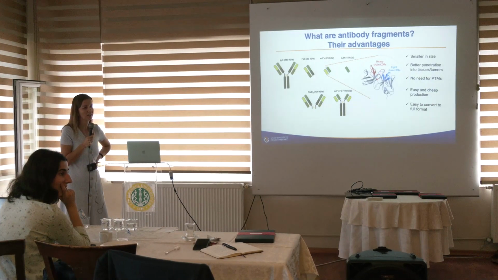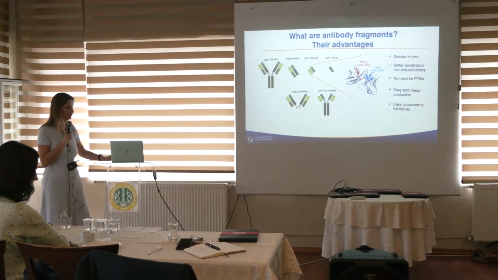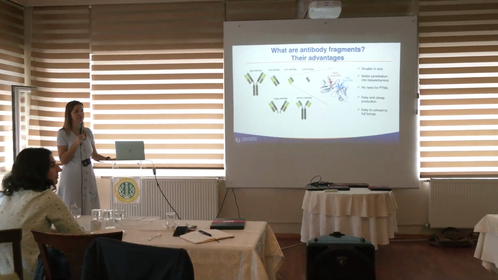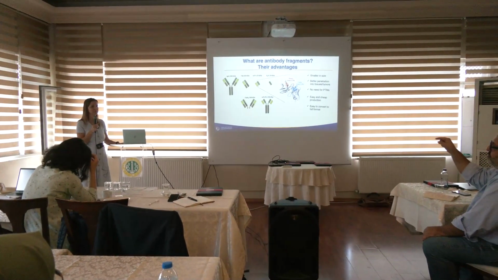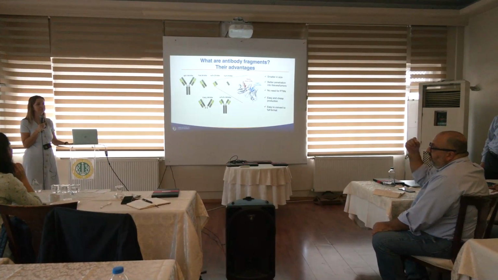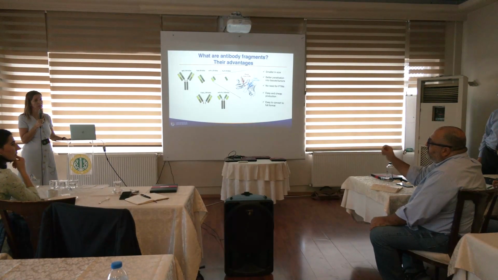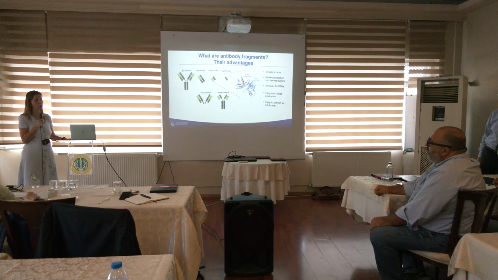So when you talk about the bispecific, since you know about the industrial part, what are the tricks to prevent the monospecific in the cell line that's expressing it? Where are the mutations that prevent the monospecifics from forming?